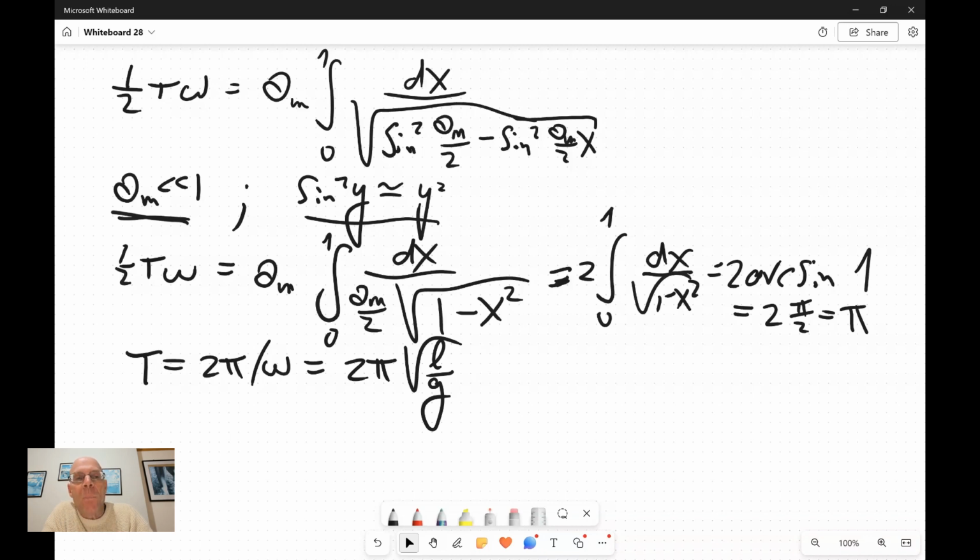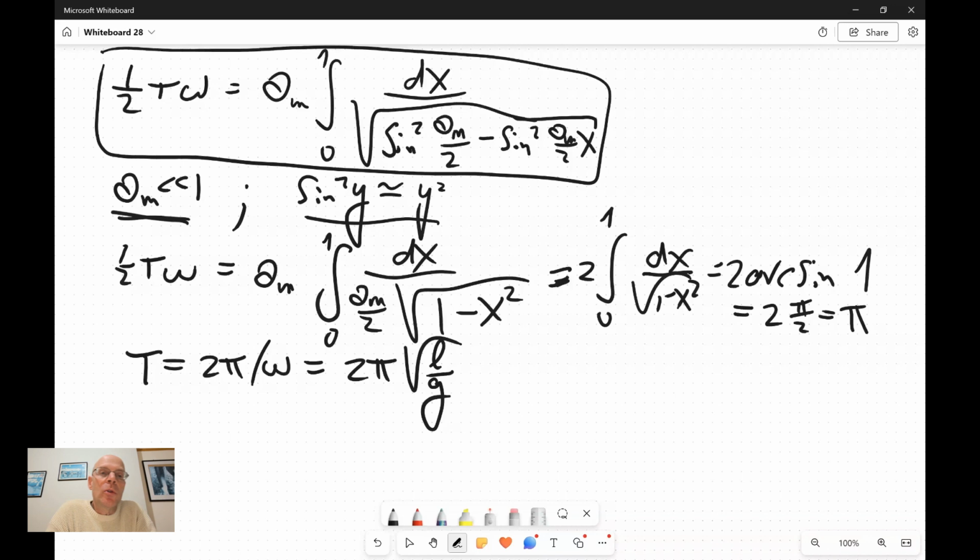Fine. But what happens in general? Well, in general, we have this formula. How do we use it? Well, we have to substitute some angles theta max and evaluate this integral numerically. So, as an example, let's consider a very large angle. Let's consider the angle theta max equals roughly 1.5.